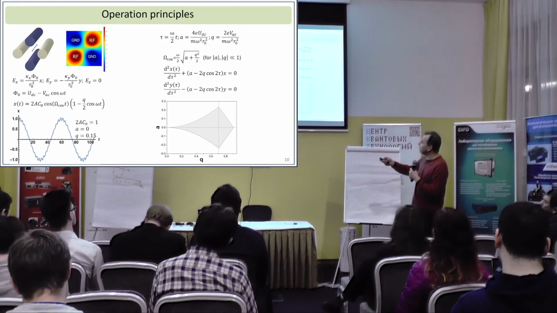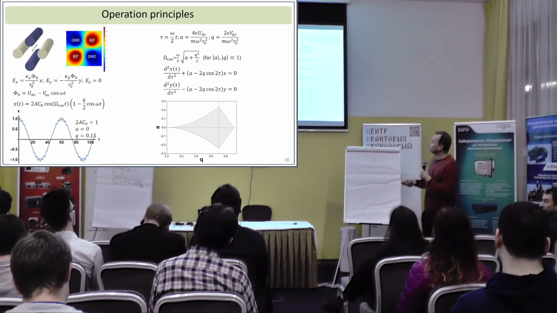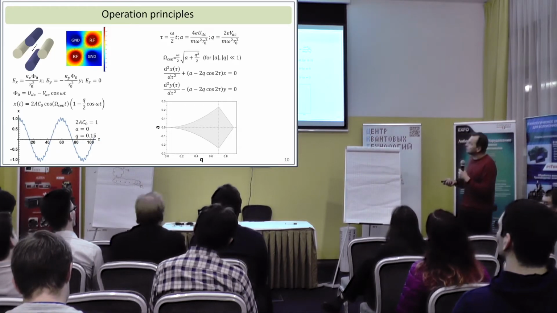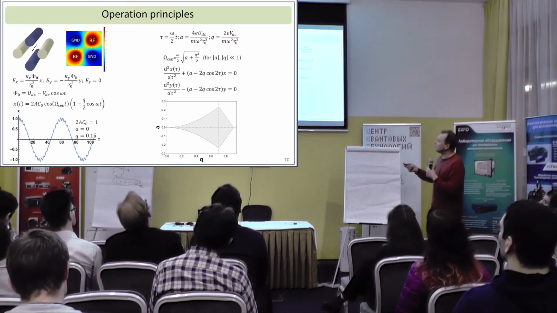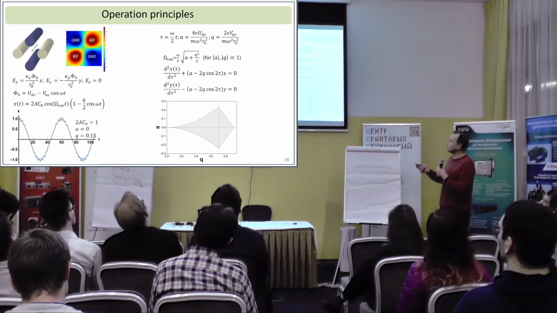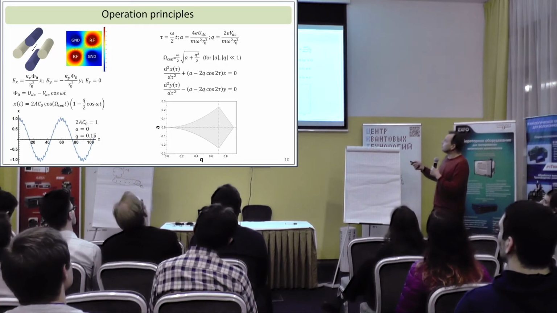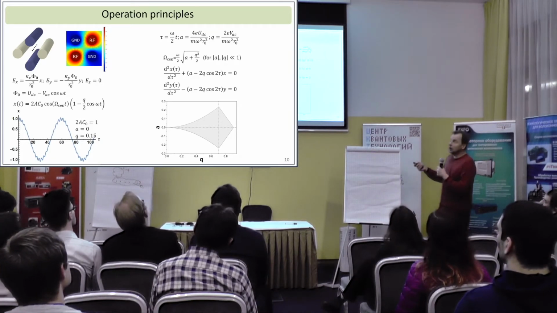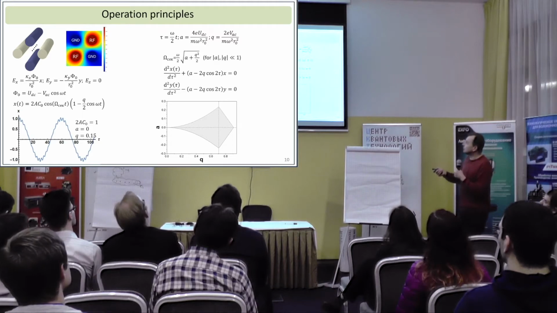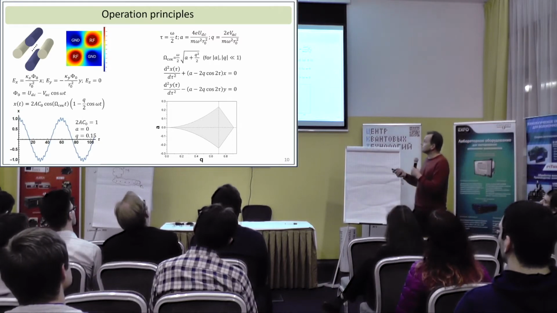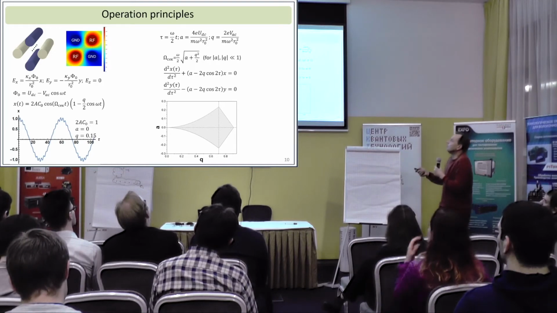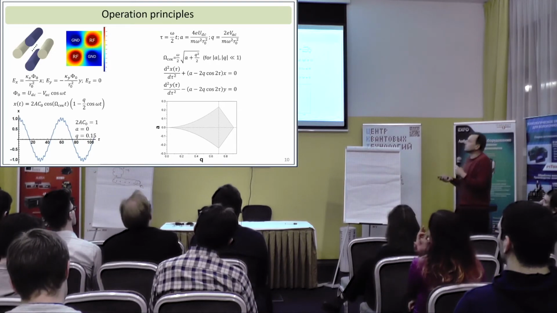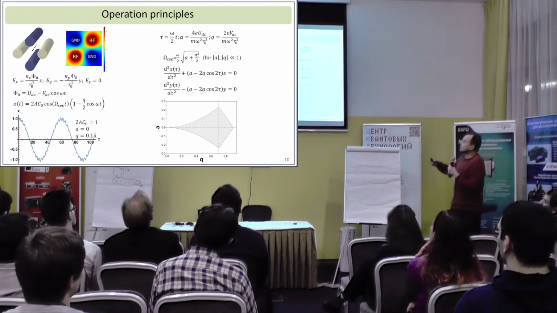But round rods are a good approximation for this trap, and many groups work with it. So it's good for modeling. 2 of these rods are grounded, and 2 of the rods are under radio frequency potential, which is very straightforward. So it's some DC potential plus a sinusoidal potential, which alternates.